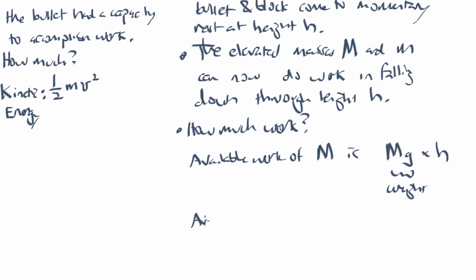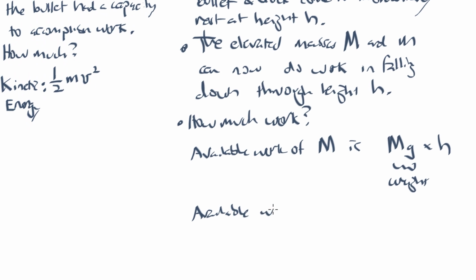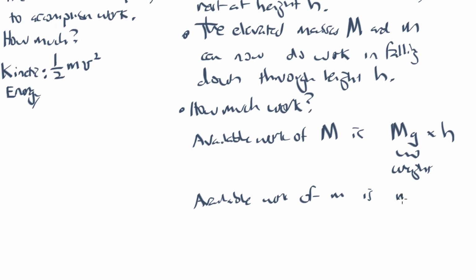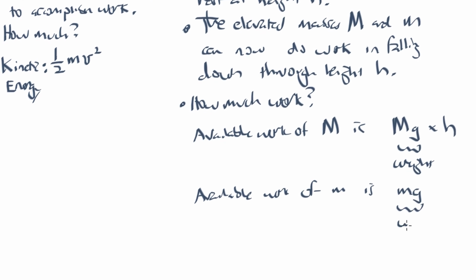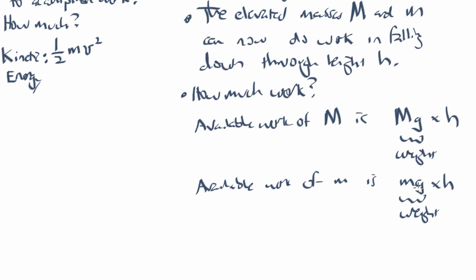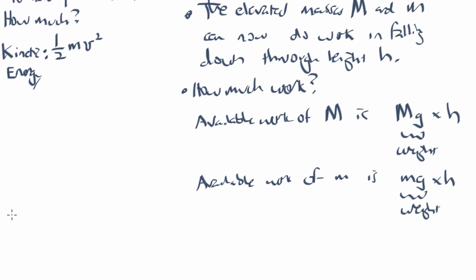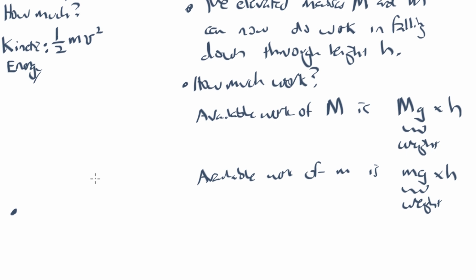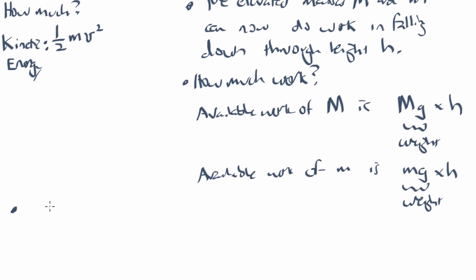And what is the available work of the little mass? Well, that is its weight, little mg, times the height through which it could fall. In other words, and this is the important point that I'm trying to make, the elevated masses are now said to have a potential energy.